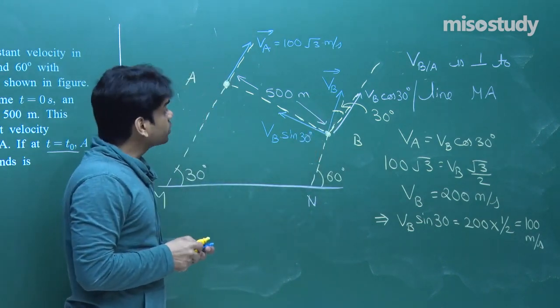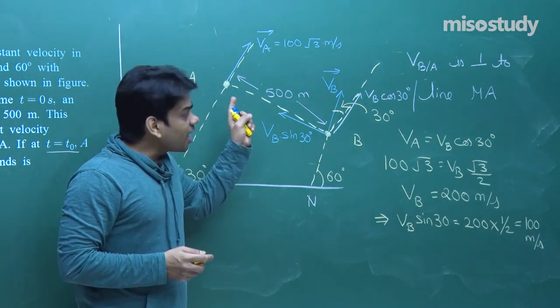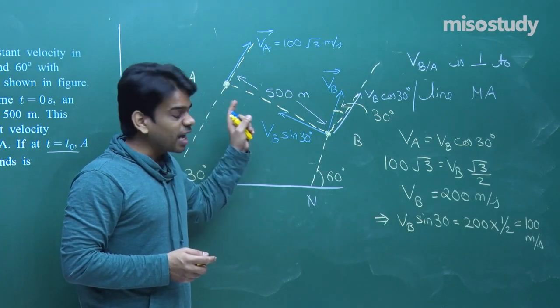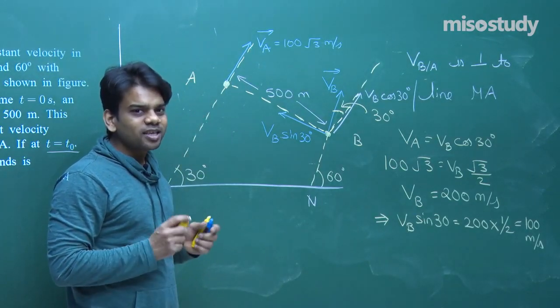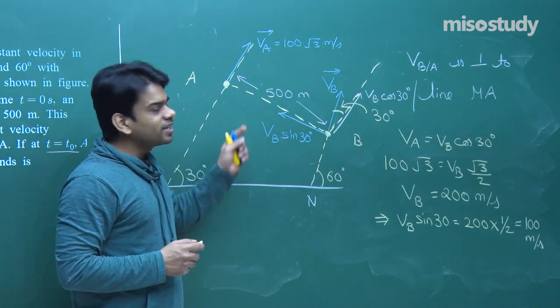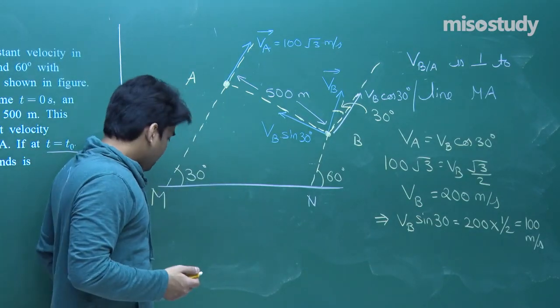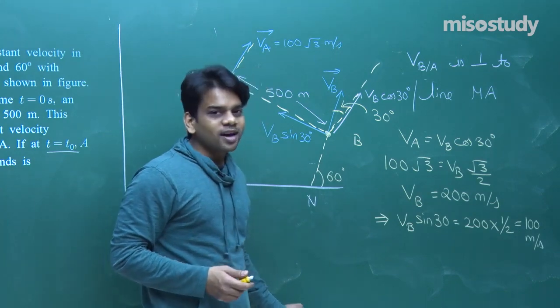What you have to do is simply find what time he takes to reach from here to A, and just escapes being hit by B. That time will be distance upon speed, and distance is 500, speed you got as 100.